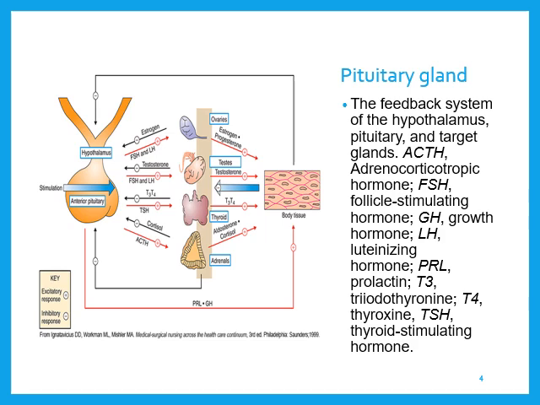The feedback system of the hypothalamus, pituitary, and target glands like the ACTH or adrenocorticotropic hormone, FSH, follicle stimulating hormone, growth hormone, luteinizing hormone, prolactin, the PRL, T3 is triiodothyronine, T4 thyroxine, TSH thyroid stimulating hormone. And then you can see how the organs affect the body tissue. So the hormones affect the organs, and the organs affect the tissue.